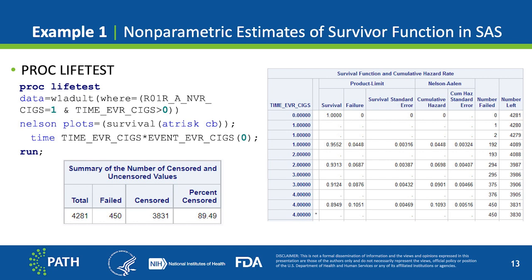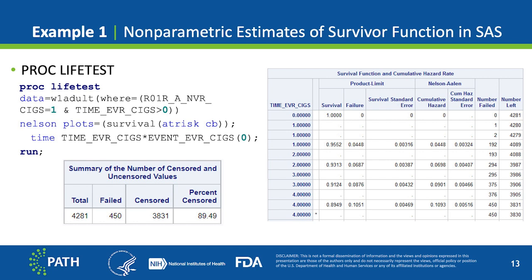We start with 4,281 persons, and by wave 5, there are 450 of them who transition to cigarette use, and there are 3,831 persons who never tried cigarettes by the end of wave 5. So the percent of censored cases is 89.5%.